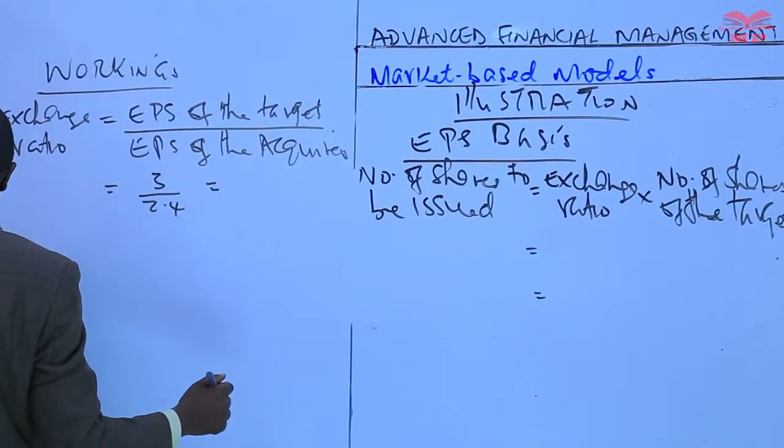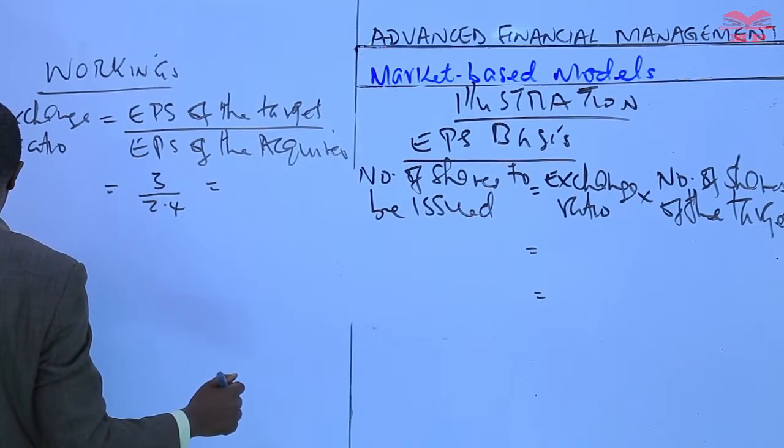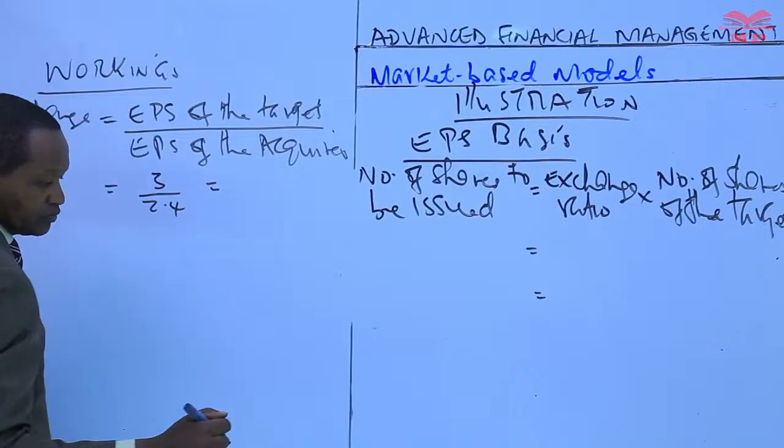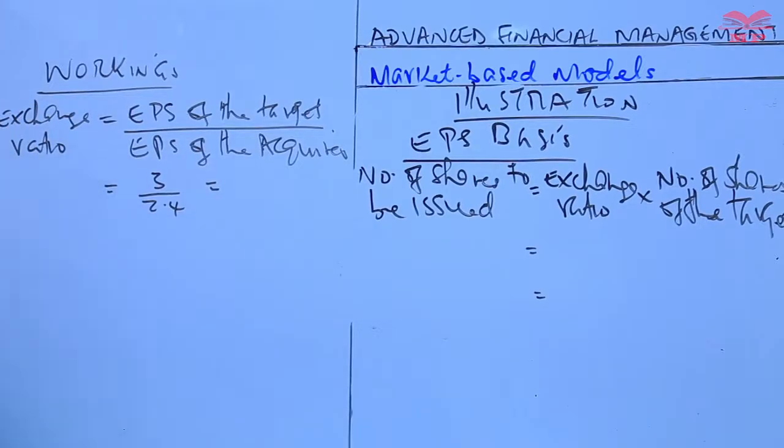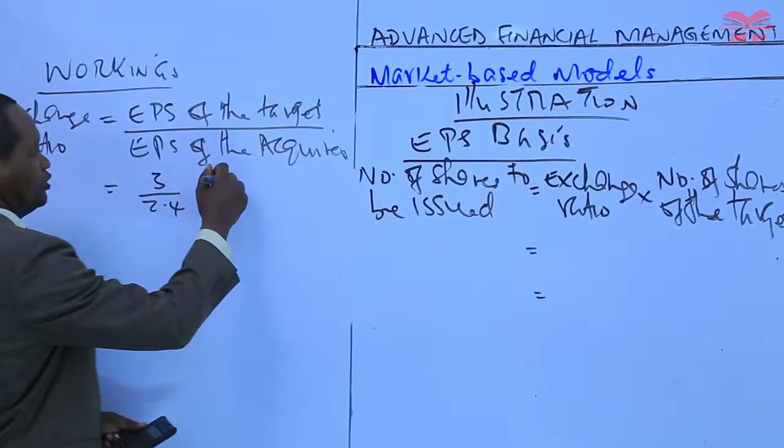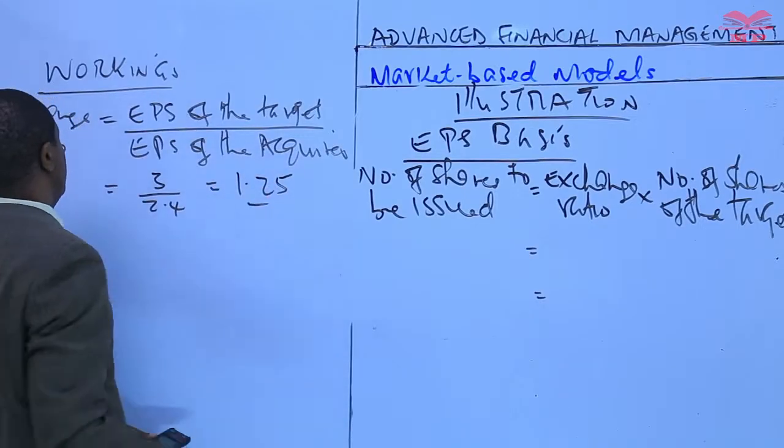What will be the exchange ratio? 3 divided by 2.4 is 1.25. Yes, so 1.25 is the exchange ratio.